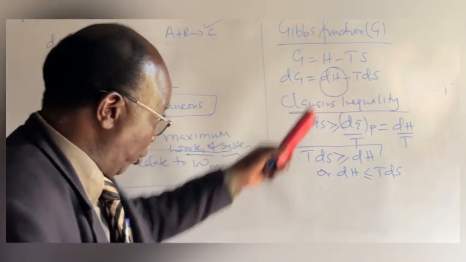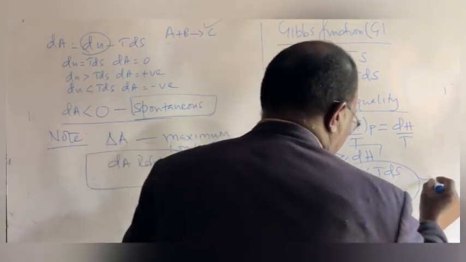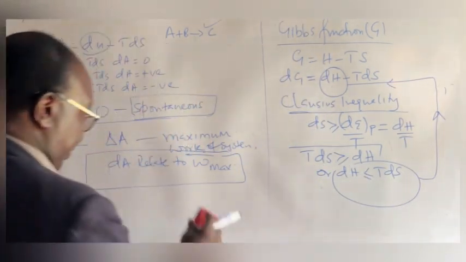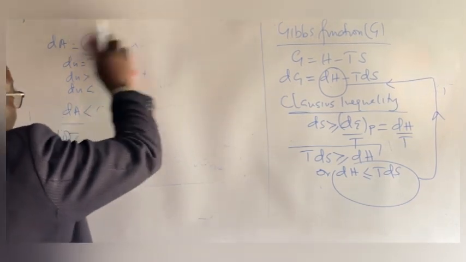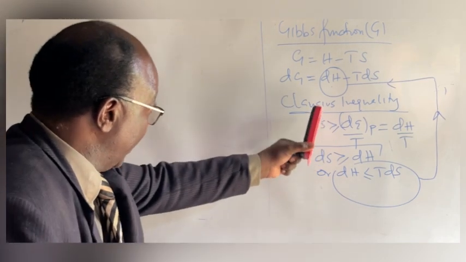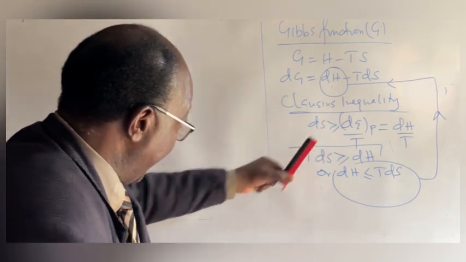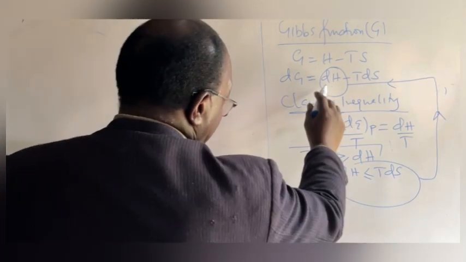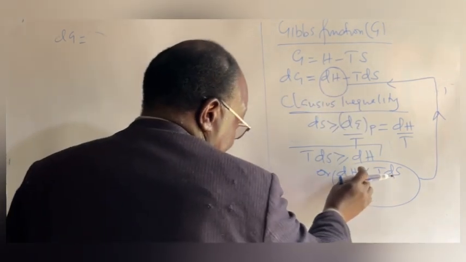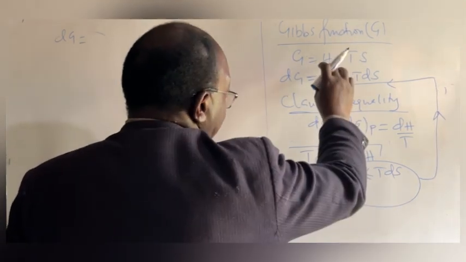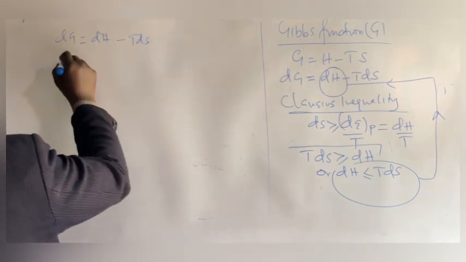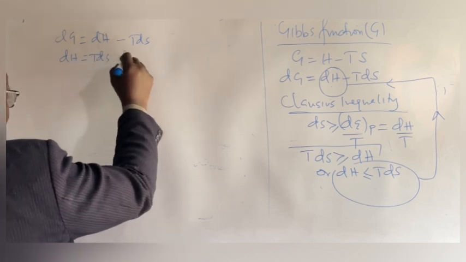Once again, if you put this relationship back into the expression for dG, we said that if dH is equal to T dS, dG will be 0, which we said was dH minus T dS.